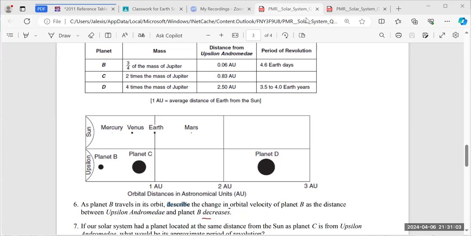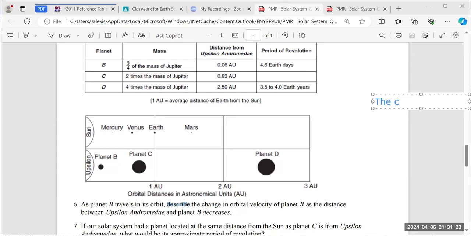What happens to the orbital velocity as the distance between planet B and star Upsilon decreases? Okay, so what do I know? Here's what I do know.